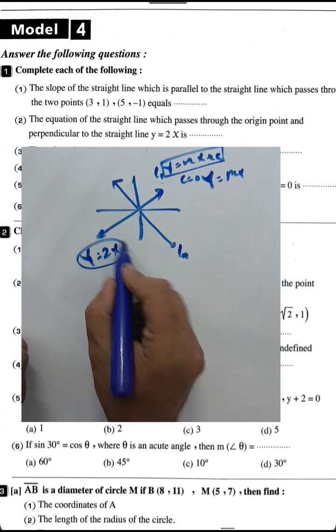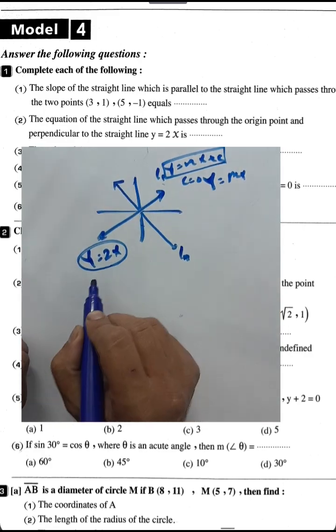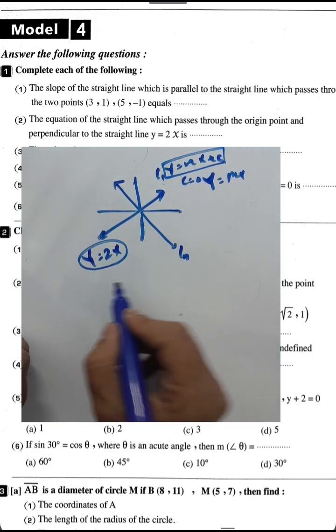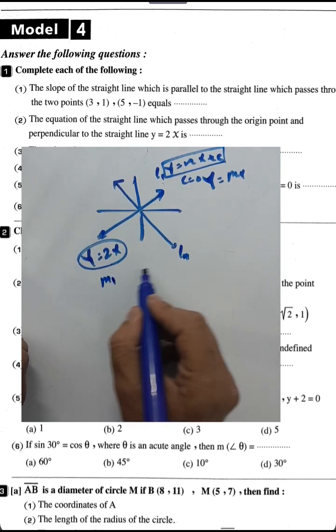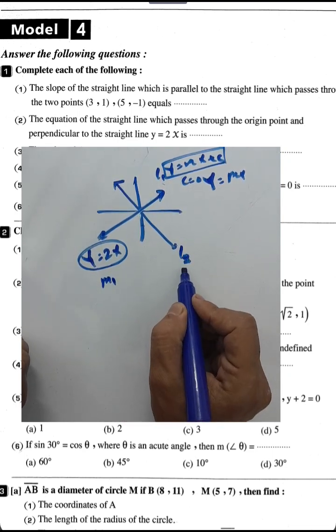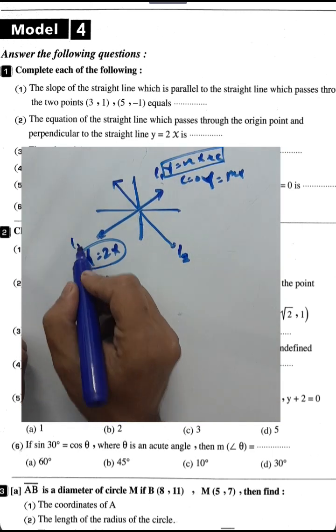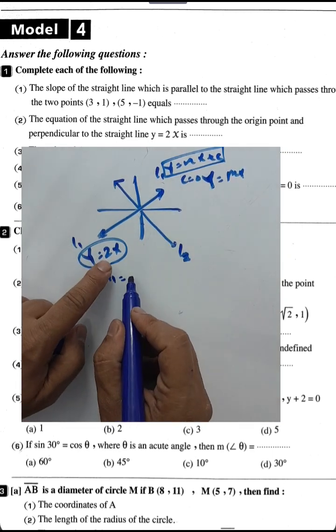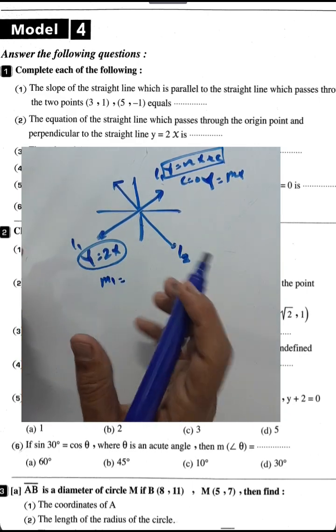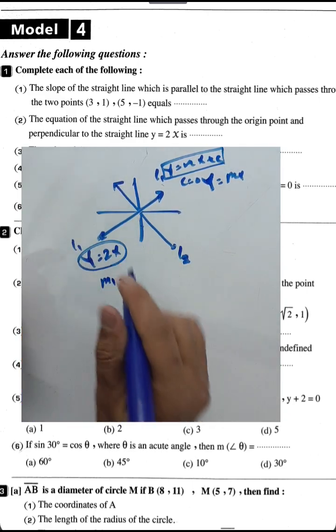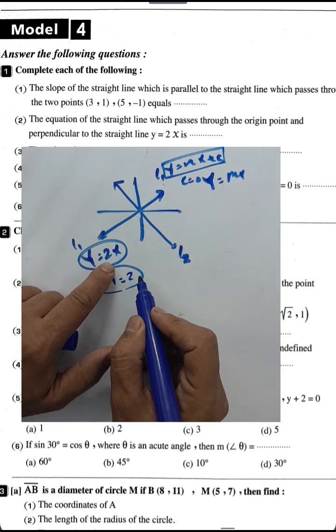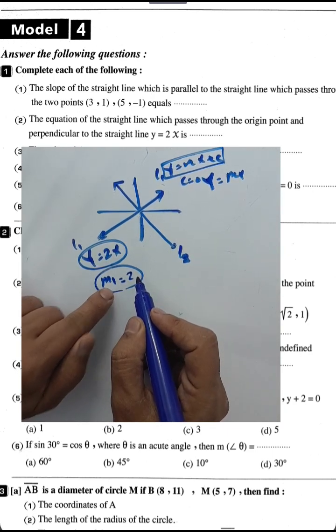It's increasing, so the slope will be positive. Then I want to find the slope. We have L1 here. We can find the slope as the negative coefficient of x over the coefficient of y, if x and y are on the same side, but it's direct. Then the slope here will be 2. M1 refers to the slope equal to 2.